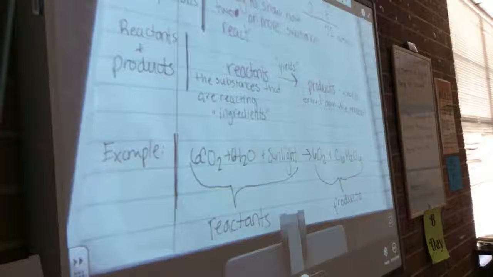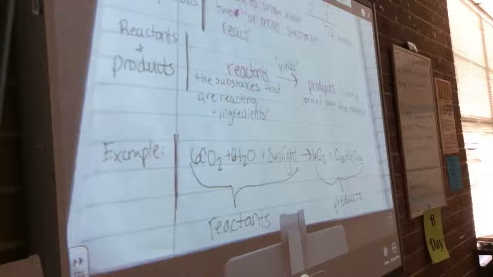This is an example. This should look pretty familiar. This is the chemical equation for photosynthesis. 6 CO2, so 6 carbon dioxide molecules, plus 6 water molecules, add a little sunlight, yields 6 oxygen molecules and 1 glucose molecule.